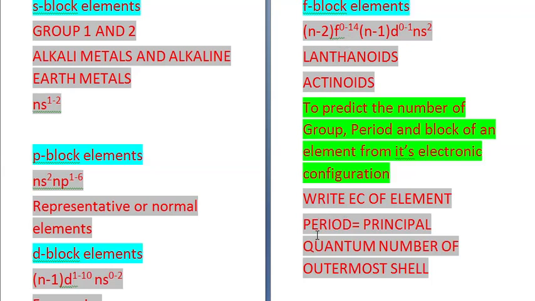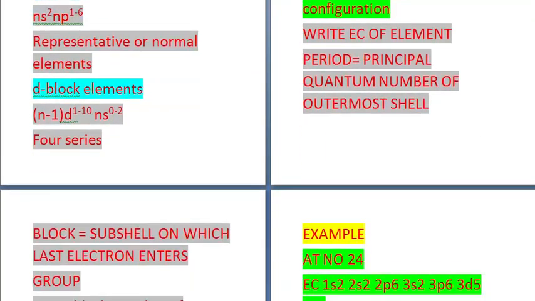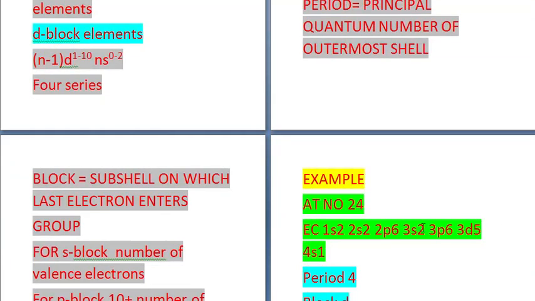Whatever is the principal quantum number of the outermost shell, that is your period. The subshell in which the last electron is entering, that is your block.